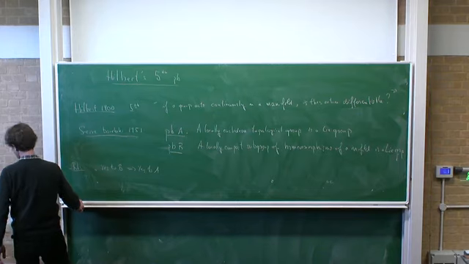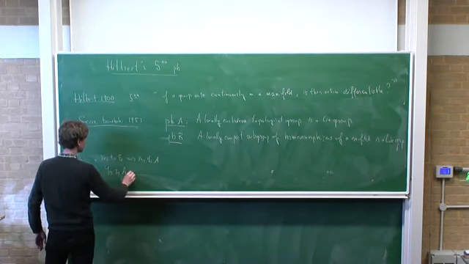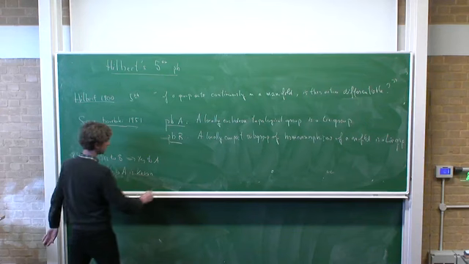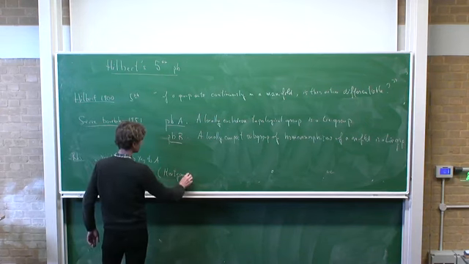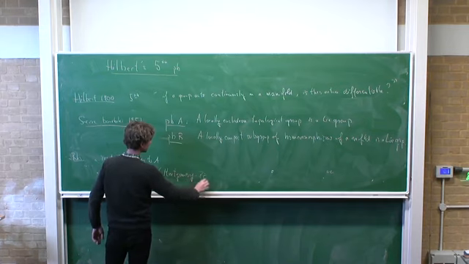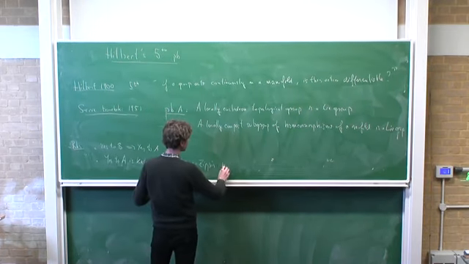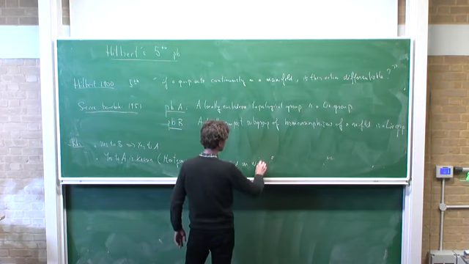So what's the status now then? A is known. And this is the theorem of Montgomery and Zippin. As you will see, it's based on the work of Gleason, a very important work of Gleason.